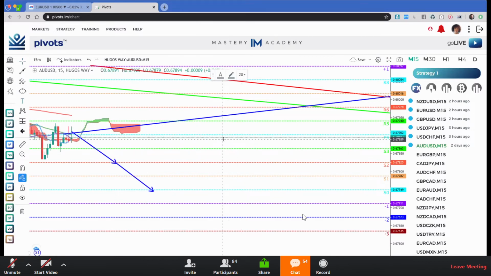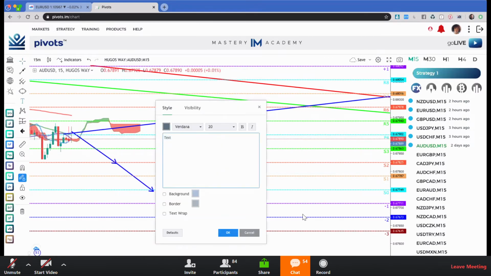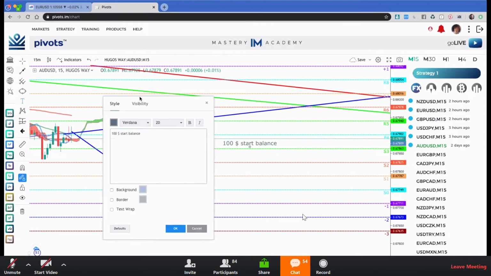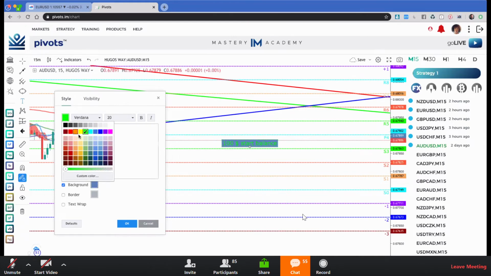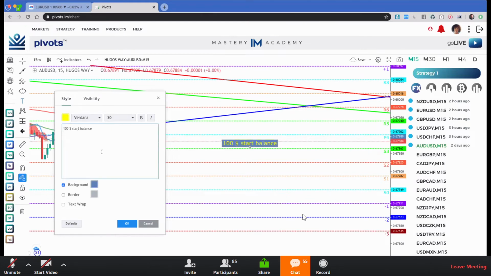Now this is what I did. If you do 1,000 trades, so you have $100 in your account, start balance, and you do 1,000 trades, that will bring your account to $1,000.